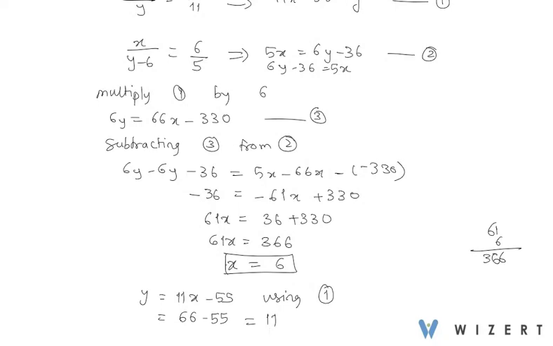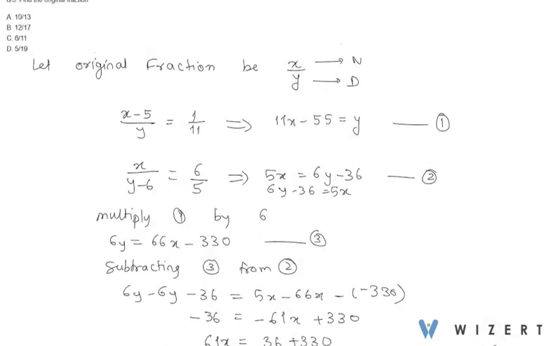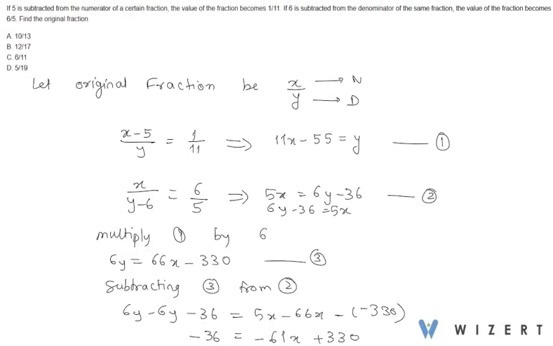Therefore original fraction equal to x by y equal to 6 by 11. Let's look at the options. Yes, answer is option C.